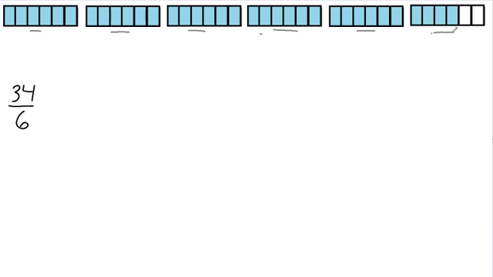Again, to do this arithmetically, if you didn't want to draw all these out, but you're not sure how to do the division, you could just write it as, instead of drawing it all out, you could say, well, I know 6/6 is 1 whole, and I want to get to 34.